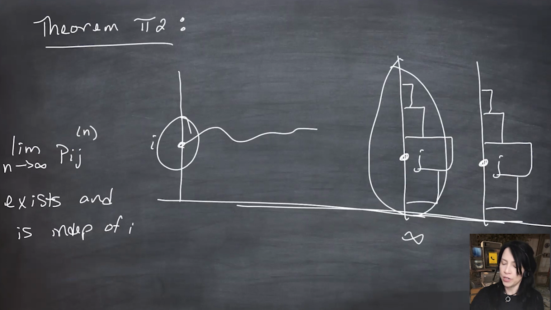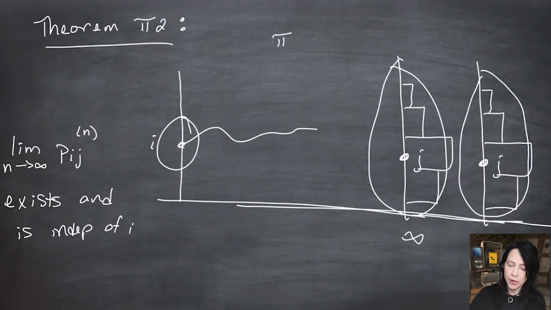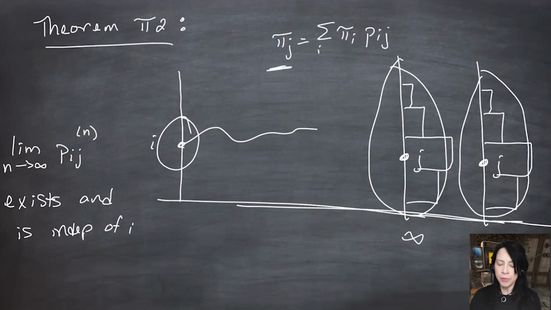And if you went one more time step, you'll see the same picture, and it's stationary in that sense. And remember, the stationary equations were pi j equals the sum over i of pi i times p i j. So the probability you're in state j, you can sum over all possible states i the probability you're in i, multiplied by the one-step transition probability of moving from i to j. So that was theorem pi 1.